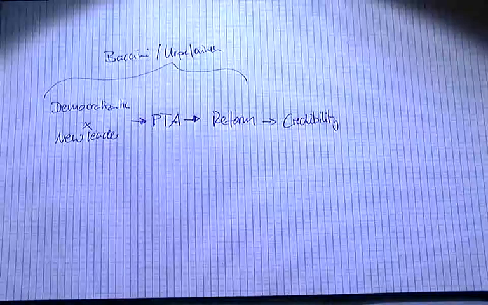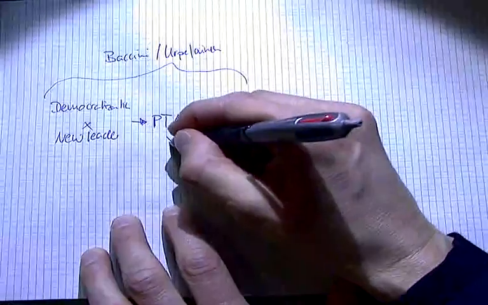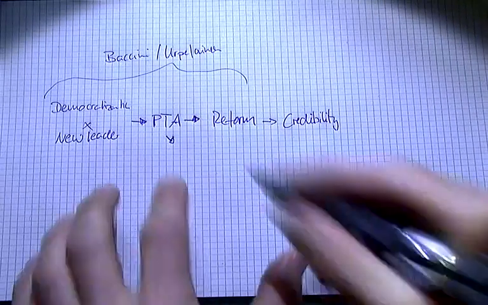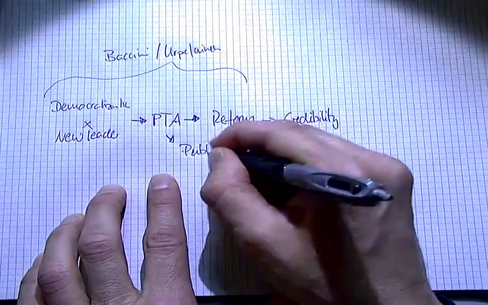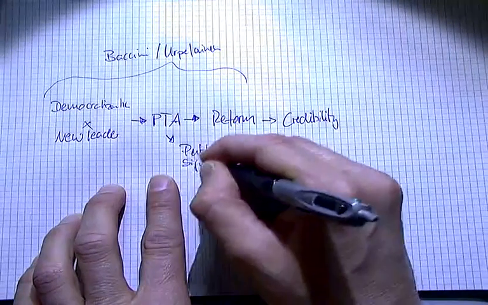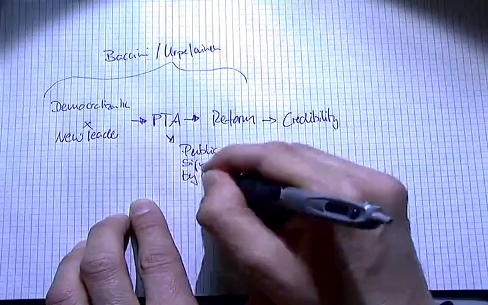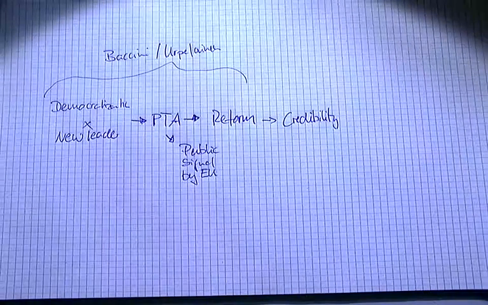So, or political risk. And what she has, a different causal mechanism here. So we have the preferential trade agreement gives us a public signal by the EU. Or if you sign one with the US, it's by the US, right?